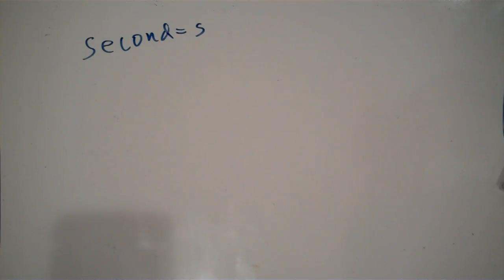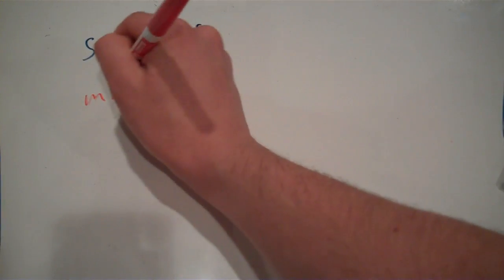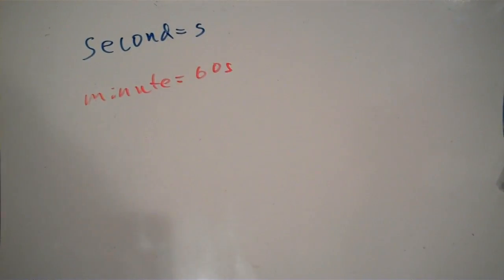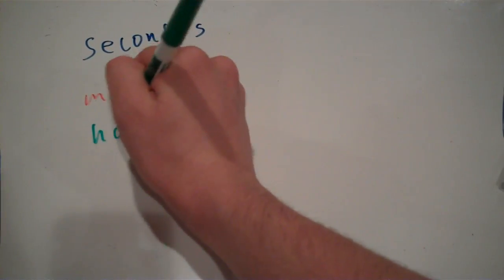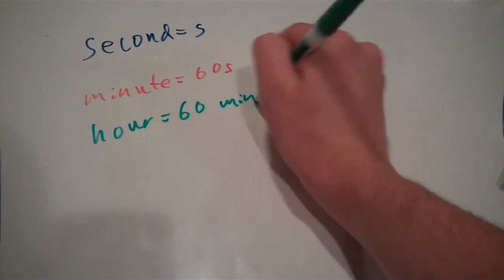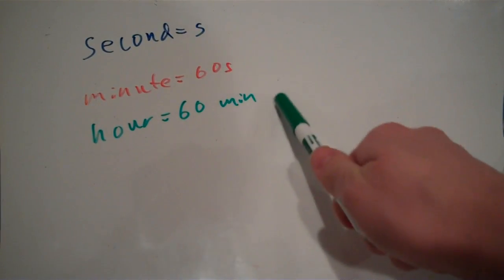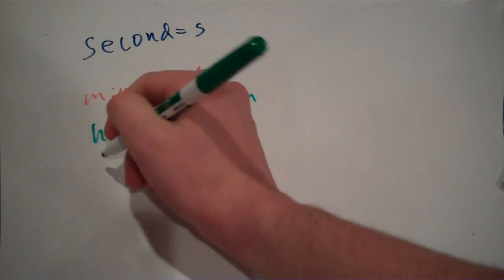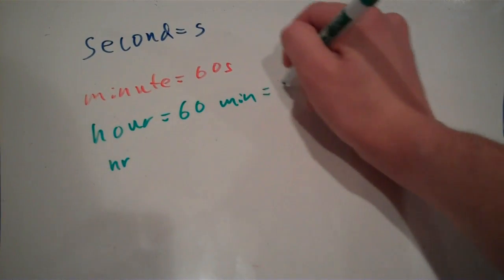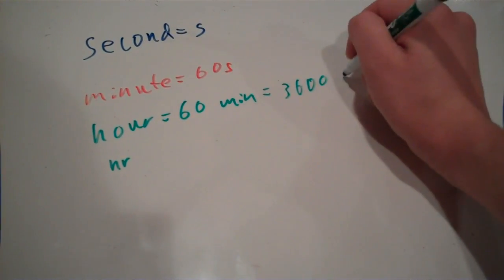There is the minute, which is 60 seconds. There is also then the hour, which is 60 minutes. By the way, minutes is abbreviated MIN, and hour is abbreviated HR. But an hour is 60 minutes, as well as 3,600 seconds.